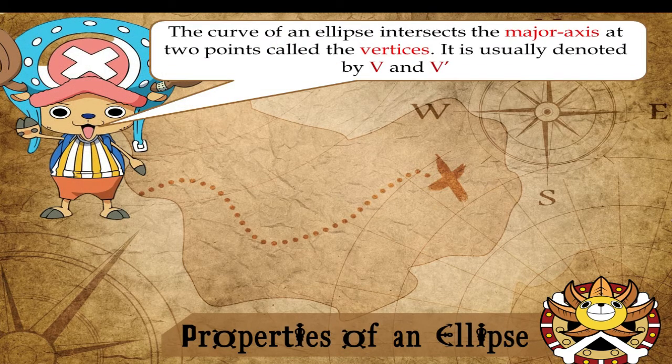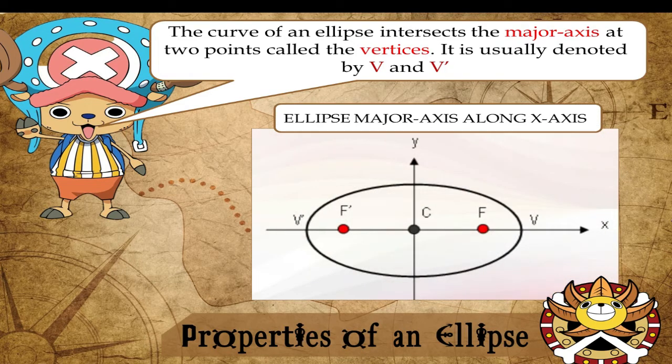Properties of an ellipse. Number 1, the curve of an ellipse intersects the major axis at 2 points called the vertices. It is usually denoted by the vertex V and V prime. So, this is one of the major parts of our ellipse.